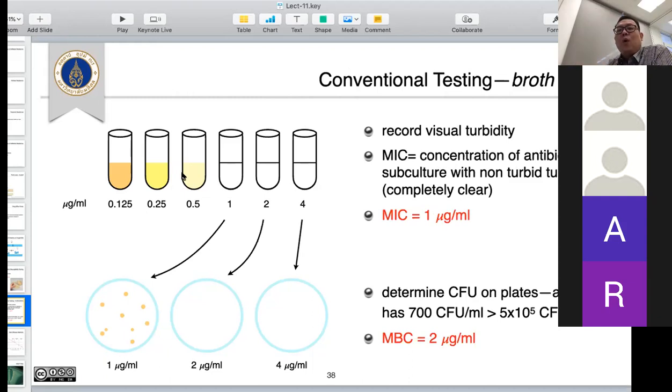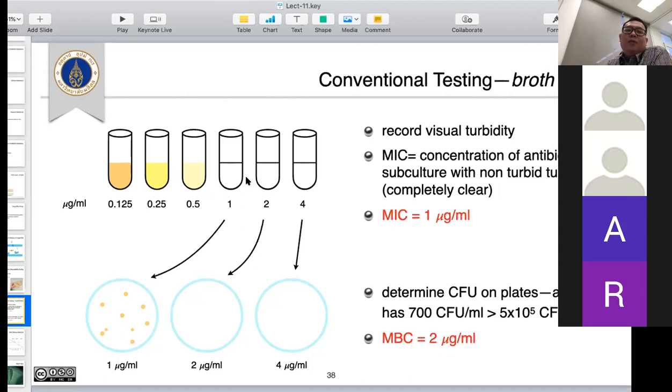If you want to read that, you probably shake the tube. If you do not see any turbidity, then you read that concentration as the MIC. That's the minimum inhibitory concentration. We can know the MIC for the efficiency of the drug. But inhibit, probably we refer to bacteriostatic, not bactericidal, right?